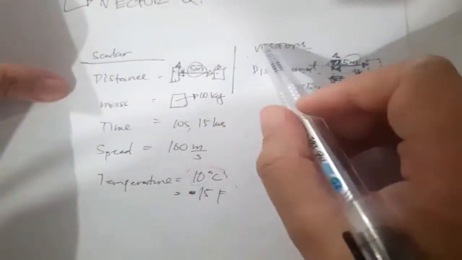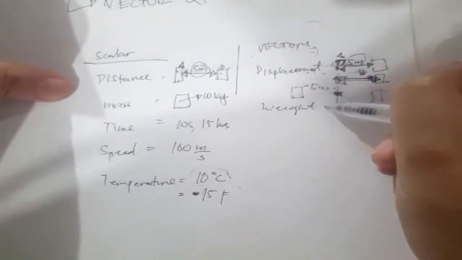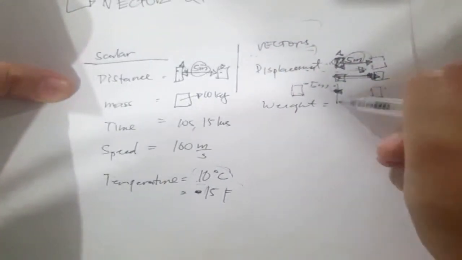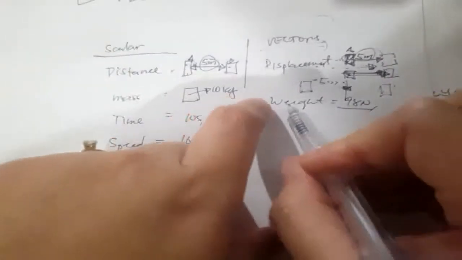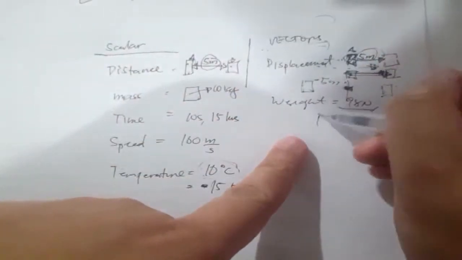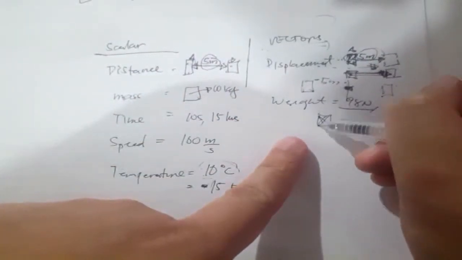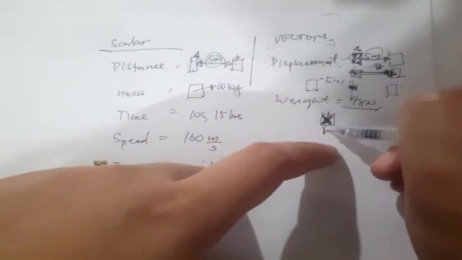Another example of a vector is weight. For example, we have 98 newtons. Weight is a vector quantity since the weight of an object is the product of the mass and the acceleration due to gravity.